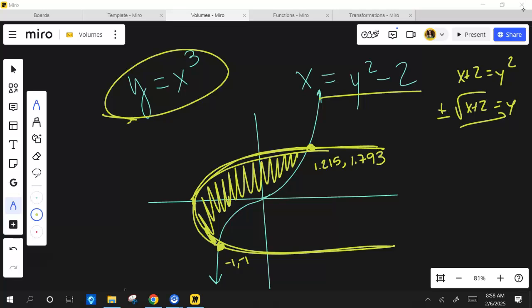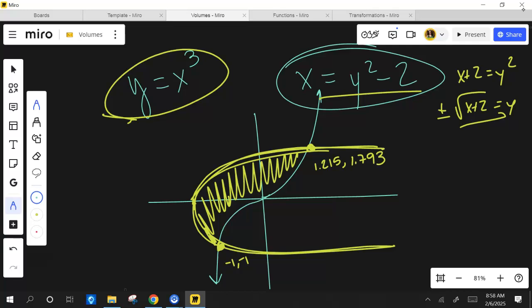We can write this in terms of y instead of x, since this one is already solved for x. I'm using it as an example, and because I can't do top curve minus bottom curve here.